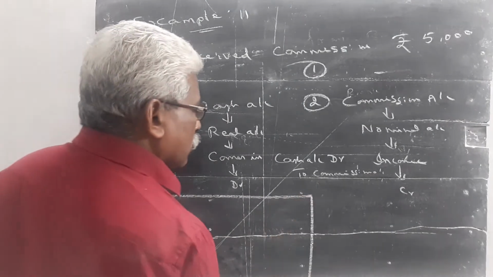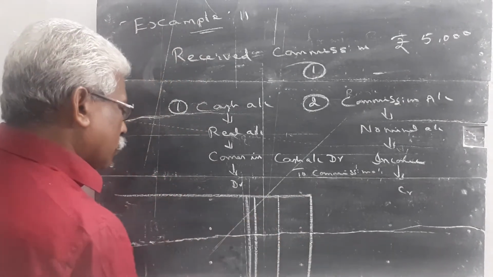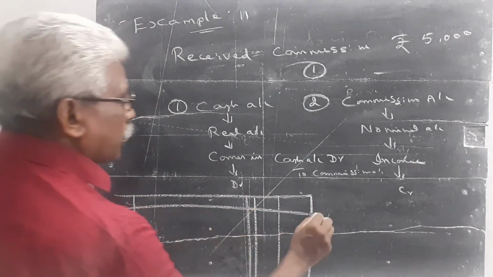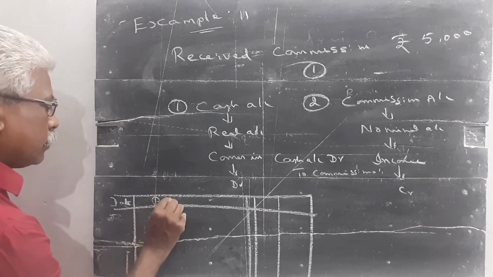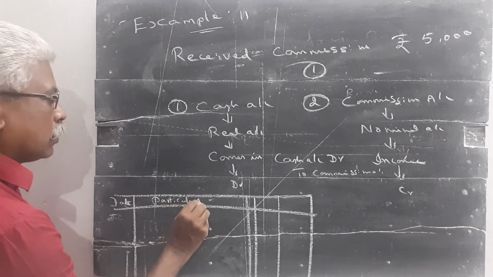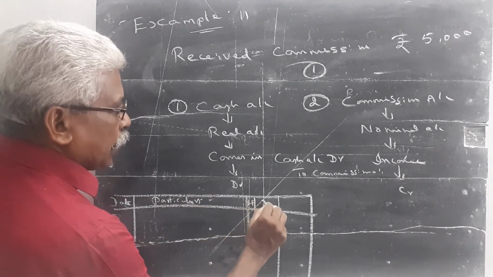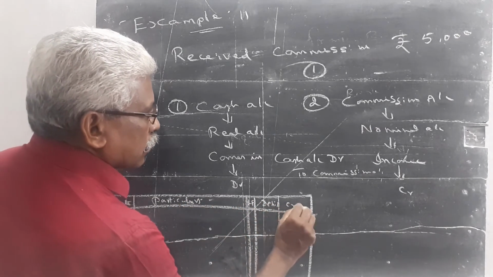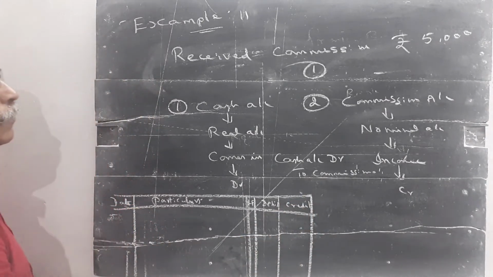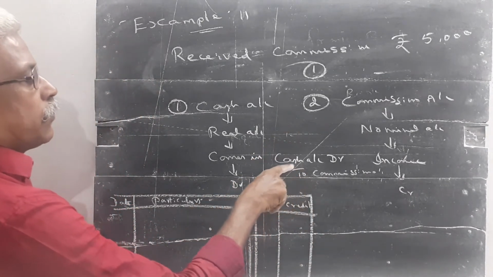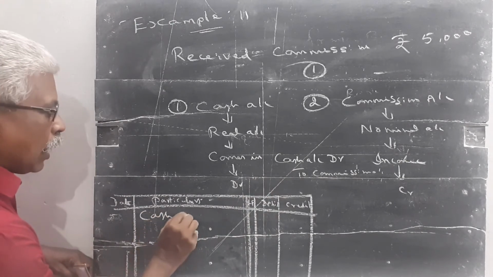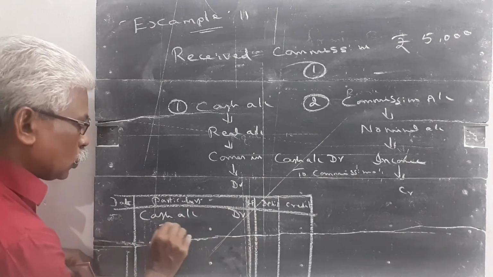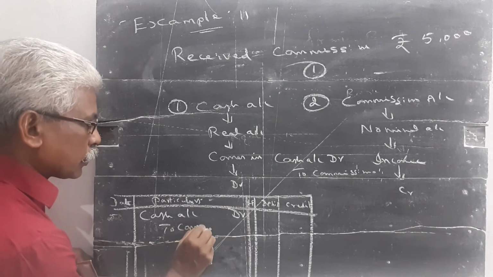Five columns. First column date, second column particulars, third column ledger folio, then debit and credit. First the debit aspect is entered. Already we have the answer here: cash account debtor to commission account.